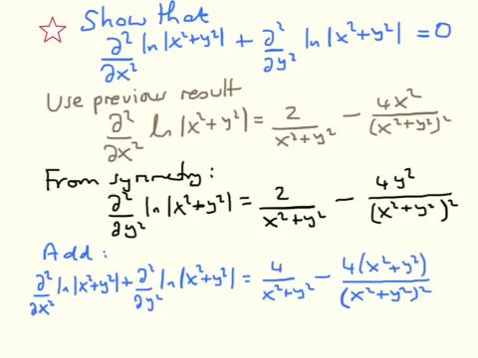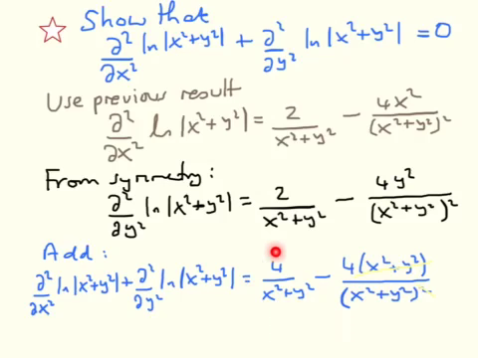And what we see now is the beautiful result that here we have an x squared plus y squared, which will partly cancel with the (x squared plus y squared) squared. So what I can do is I can say that this whole bracket, x squared plus y squared, and this power of 2 will cancel. So we have left minus 4 over x squared plus y squared.